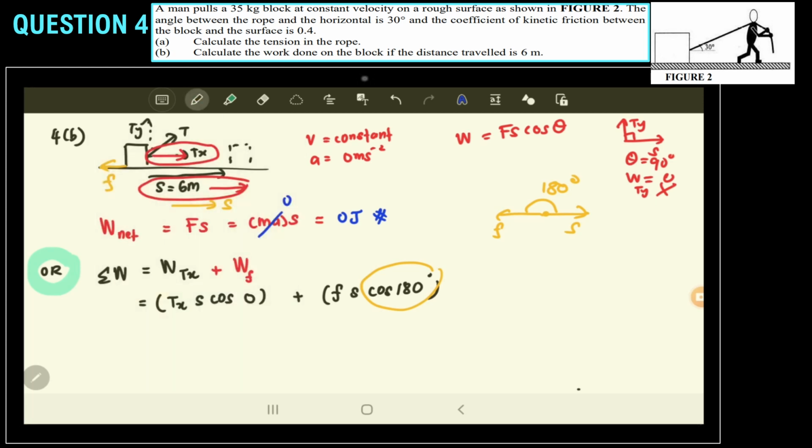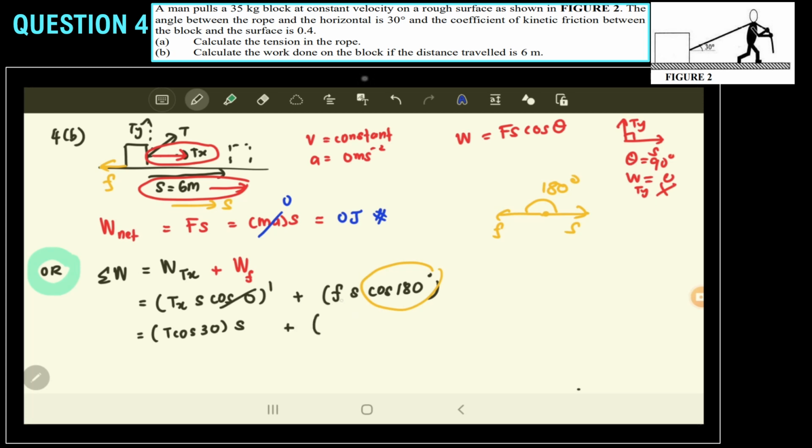Okay, so now we can substitute the value of Tx. So Tx tadi kita dah dapat dekat atas, where Tx is equal to, apa, kita kira lah. Okay, T cos 30 times s, so cos 0 is 1. Okay, friction is berapa friction?